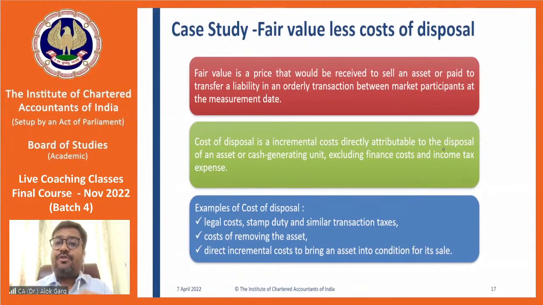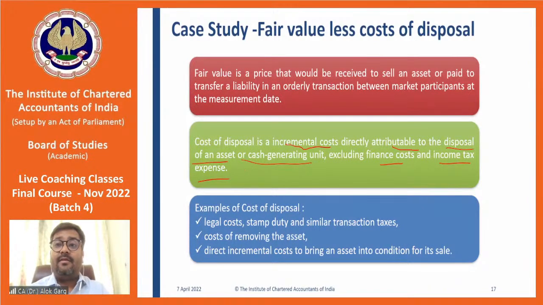Understood? So cost of disposal is an incremental cost directly attributable to the disposal of an asset or group of assets, excluding finance cost and income tax expense. You are saying that, sir, if I will sell this property, I will have a capital gain. For example, the sale price is, let's say, 20 lakh rupees.